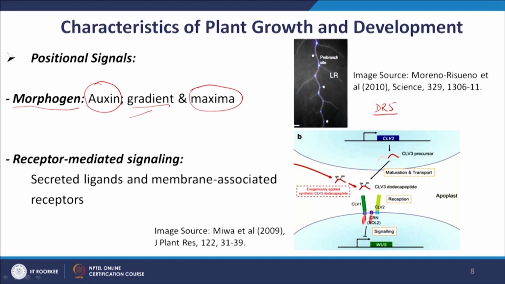Another mechanism by which a particular cell acquires a particular fate is typical receptor-mediated signaling. This is an example we will discuss in detail when we see shoot apical meristem maintenance or root apical meristem maintenance.